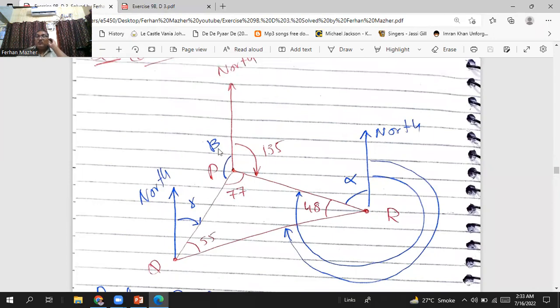So you know this whole angle, that will be 360. So from 360, 135 and 77. So you will get the angle beta. Once you know the angle beta, you know this is the line joining them. So beta and the gamma, they are allied angles to each other. So the gamma plus the beta will be equals to 180.